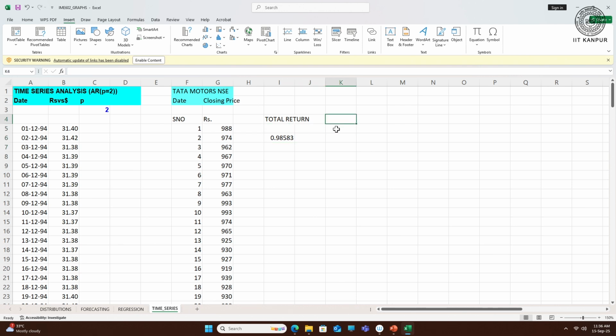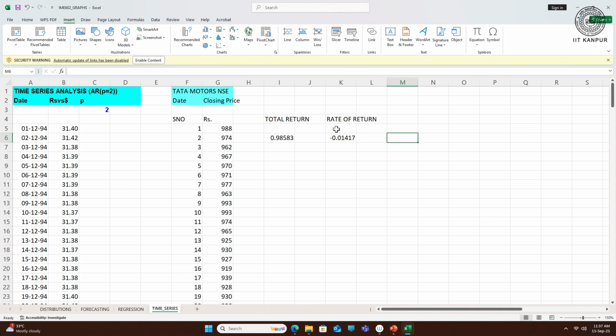Another is written as rate of return, which is given by the difference P2 minus P1 in the numerator, for example 974 minus 988, divided by the earlier price of 988. And there is a return based on the time series, which we know as based on the continuous compounding interest rate.